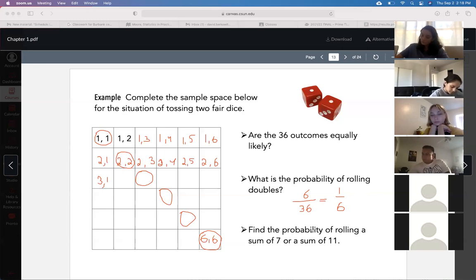Anyways, next, find the probability of rolling a sum of a 7 or an 11. Now, this is not 2 questions. It's 1 question. You're perfectly happy with either a 7 or an 11. So you want to find the total ways of getting a 7 or 11. How many ways are there of getting a 7 or 11?